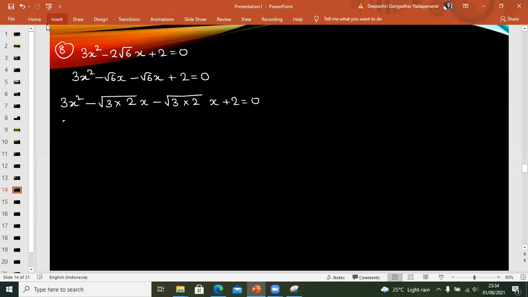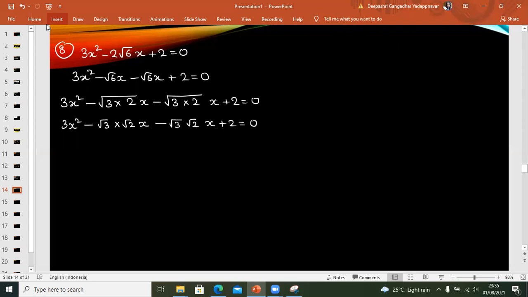Next step, 3x square minus, this I will write separately, negative root 3 and root 2 separate, x. I'm just writing the root sign separately. The meaning is same. We can write it like this. 2x plus 2 equals 0.